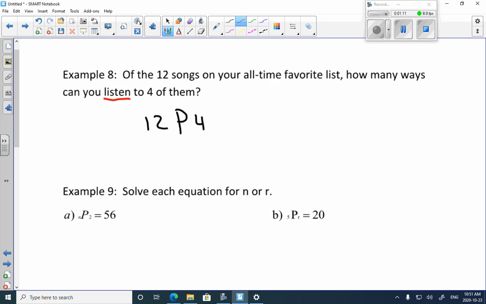So listen here implies that order matters. So 12P4, and you use the calculator for that to get the answer.